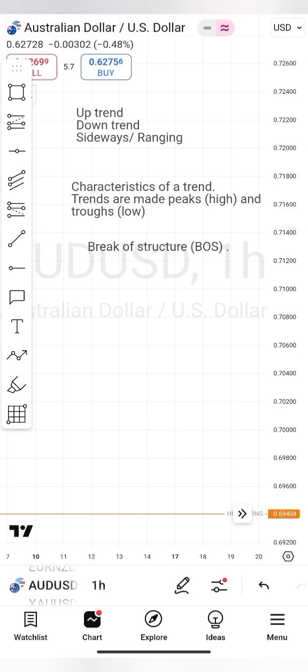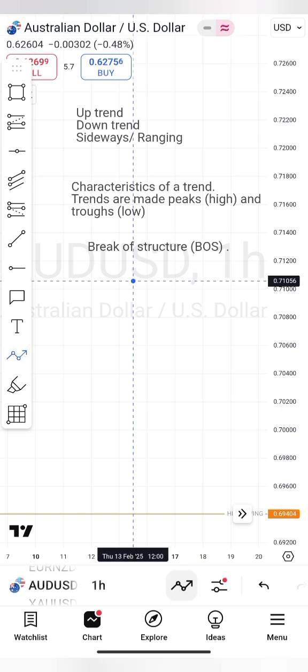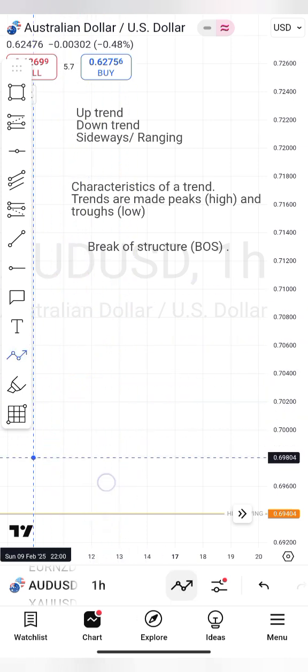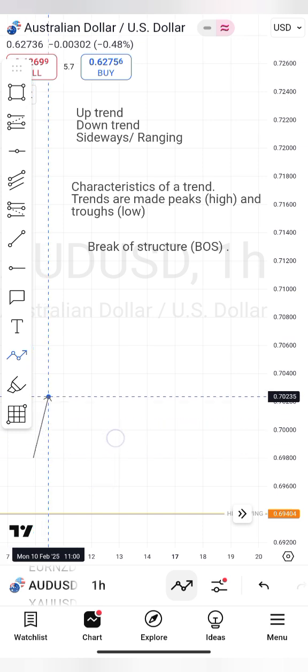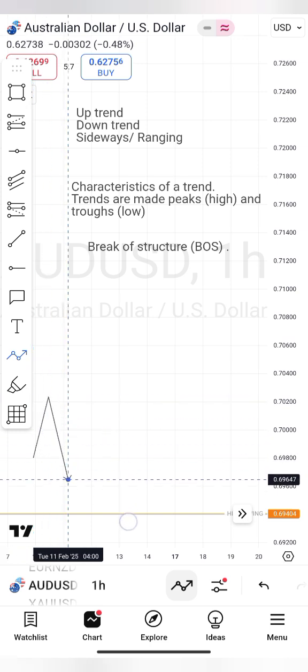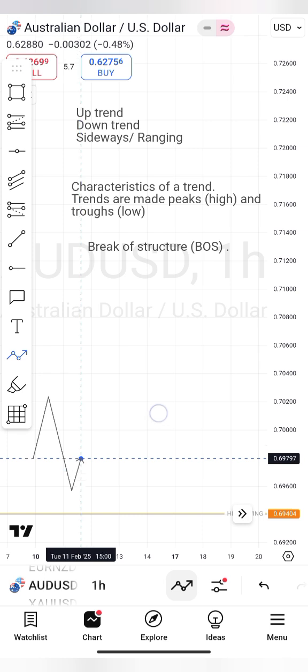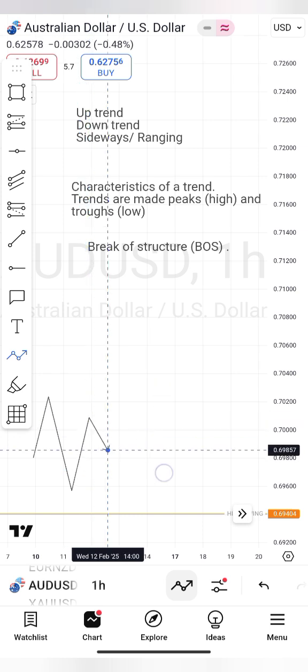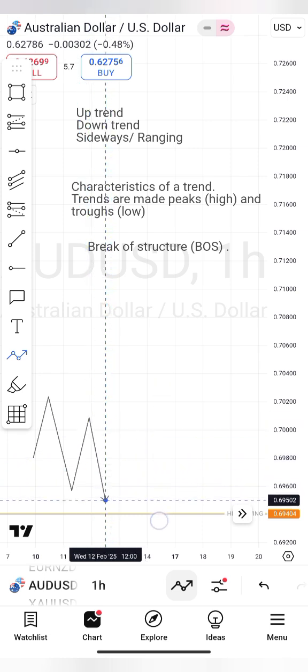Now in market structures, these structures are not bricks and walls. These structures are candle movements. They are price action. What do we mean? We have established that if the market starts here and moves like this, this is just price printing structures.